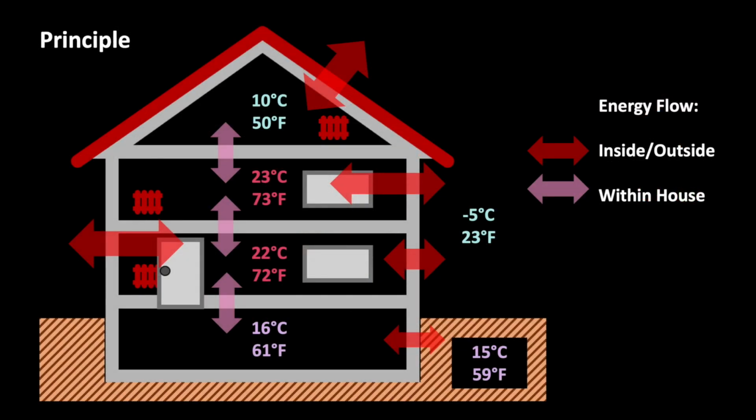We first look at the temperatures in the environment and in the house. The thermal energy emitted by the heaters is distributed throughout the house and is lost to the outside and into the ground via the outer walls, roofs, windows and doors. Incidentally, it is similar with cooling by an air conditioner.